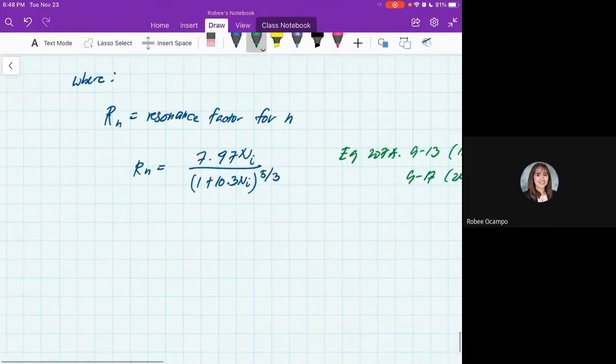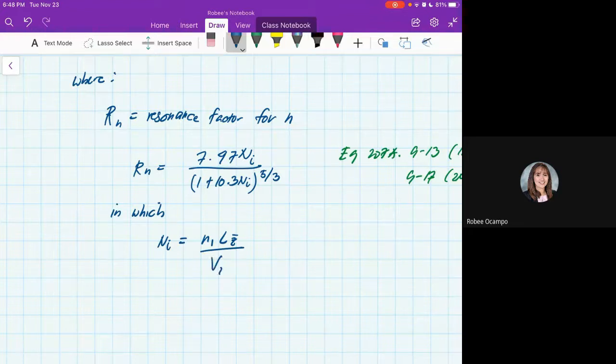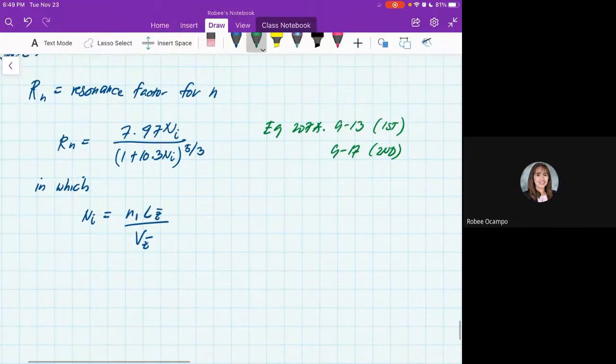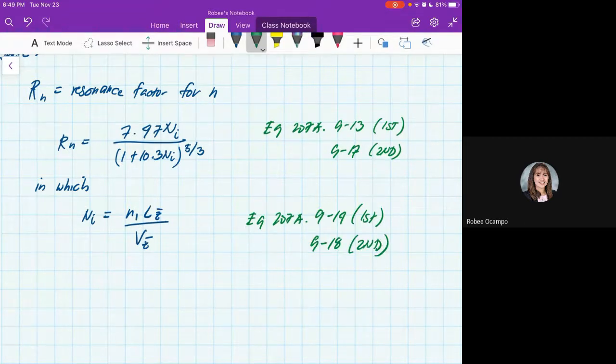Now, in which Ni is N sub 1 times L sub Z bar over V sub Z bar. Okay, now this is from equation 207A.9-14 from the first printing and 9-18 from the second printing.